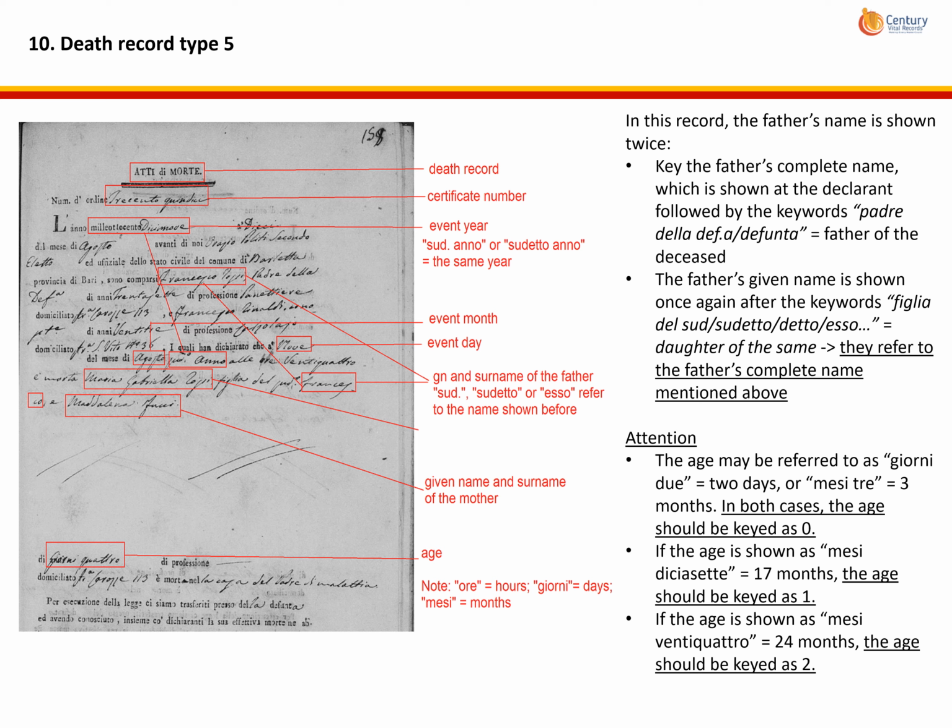If the person's age is shown as 2 days or 3 months, enter the age as 0. However, if the age is shown as 17 months, you'll need to enter it as 1. Similarly, 24 months should be entered as 2 years.